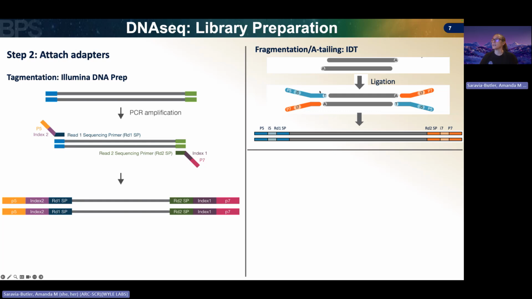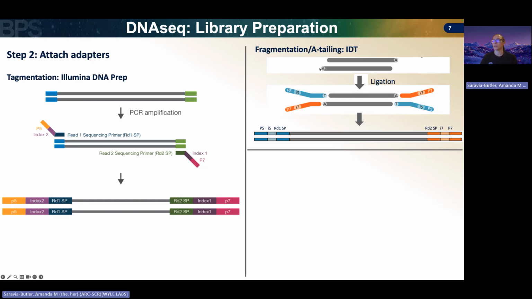Looking at the A-tailing method, I should mention this is a library prep kit created by the company IDT that I'm pulling this from. And so in here, if you remember in the previous slide, we had chopped up our DNA either manually or with some kind of random enzyme or divalent cation to create DNA fragments, then utilized poly-A polymerase to add adenosines to the 3' end of these DNA fragments.